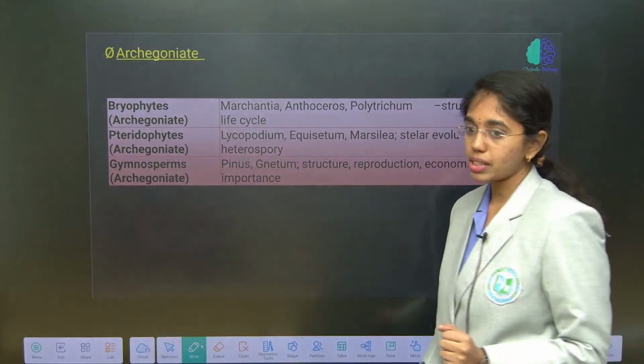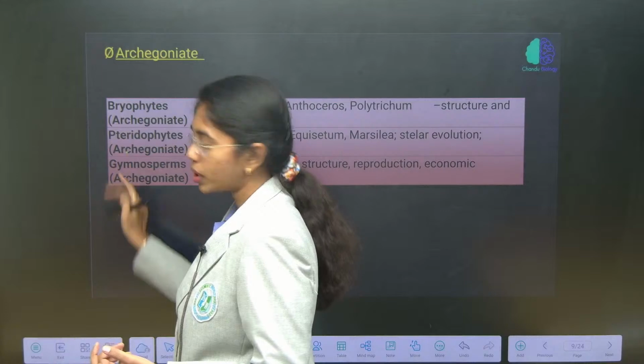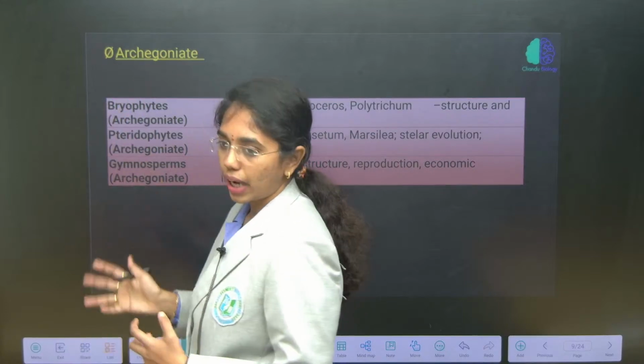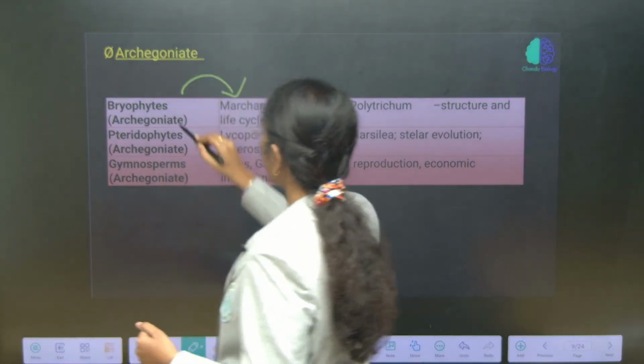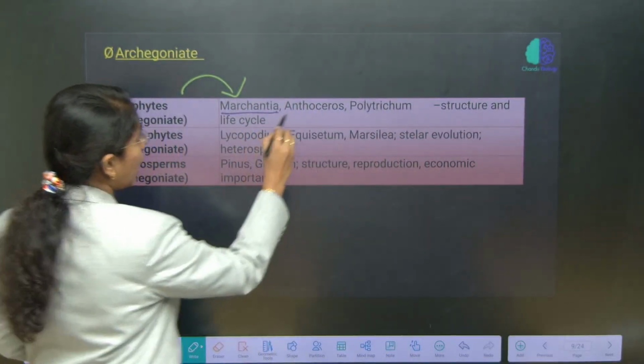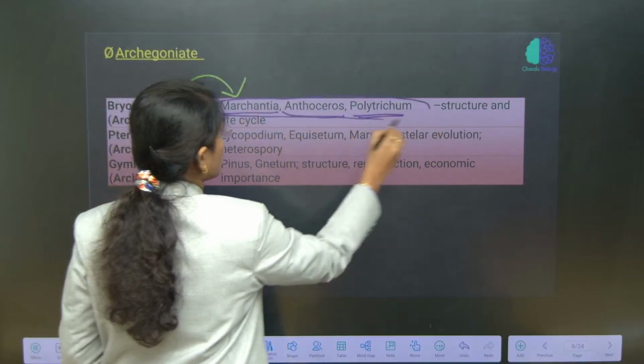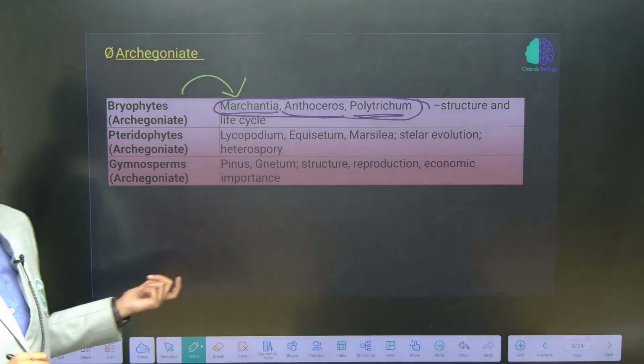Next is archegoniate. As we have discussed, archegoniate is the female reproductive structure in bryophytes, pteridophytes and gymnosperms. Under archegoniate, what all do we have to cover? First, under bryophytes, it is Marchantia, Anthoceros, Polytrichum. This includes their structure and life cycles. Type studies are important.